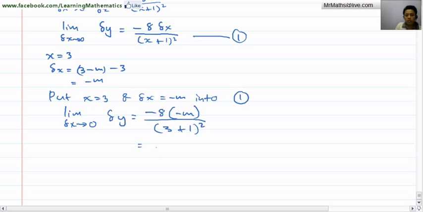There is now 8m over 4 squared. 4 squared is 16, right? So 8m over 16 is actually equal to m over 2. Okay, we got the answer.